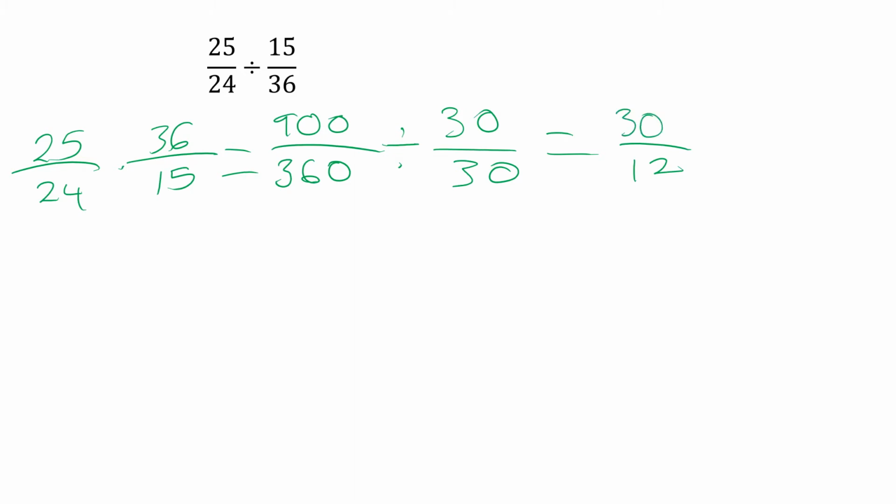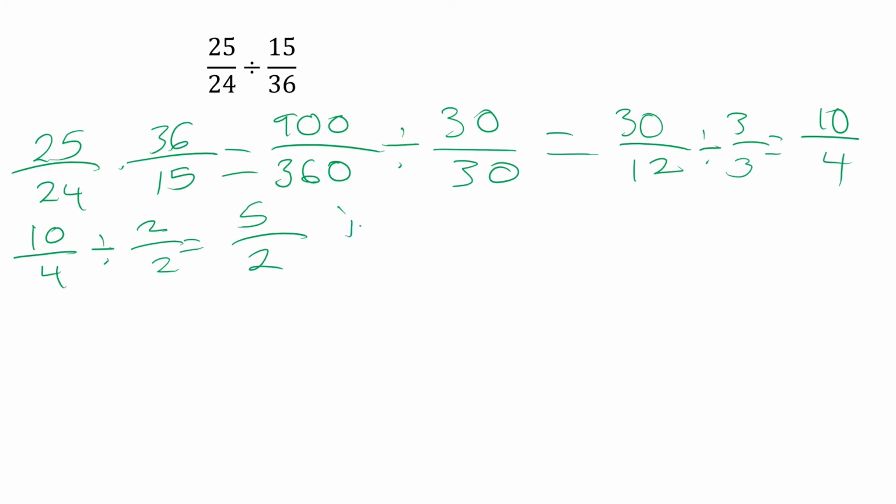And then we can divide both of those again by 3. 30 divided by 3 is 10. 12 divided by 3 is 4. And then divide one more time by 2 to get 5 over 2.